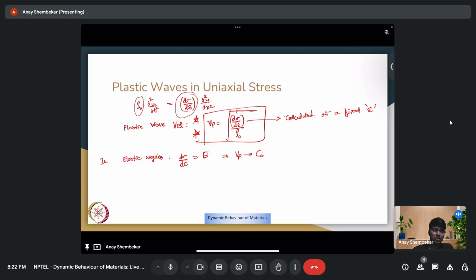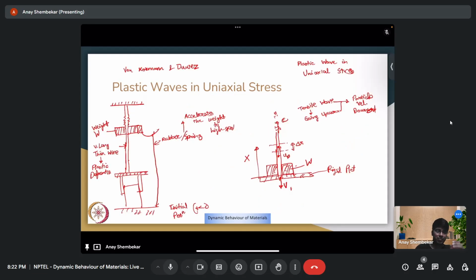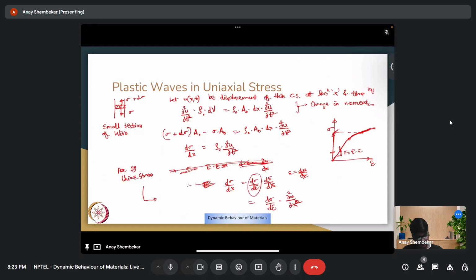The same formula could be extended to elastic wave, but we basically end up with the original expression of C naught. That extension holds true only when the velocity of the rigid plate, V1, is sufficiently small, so that the stress generated is below the yield limit.